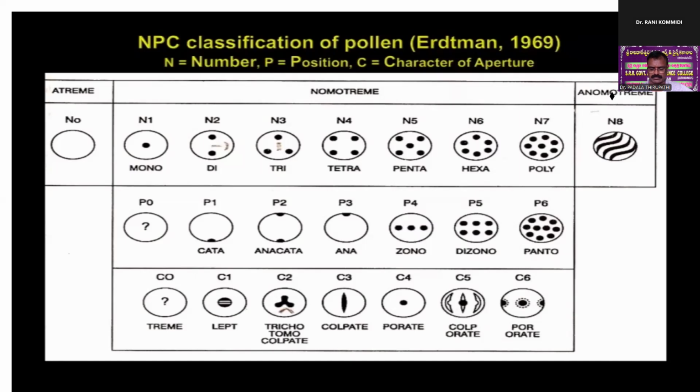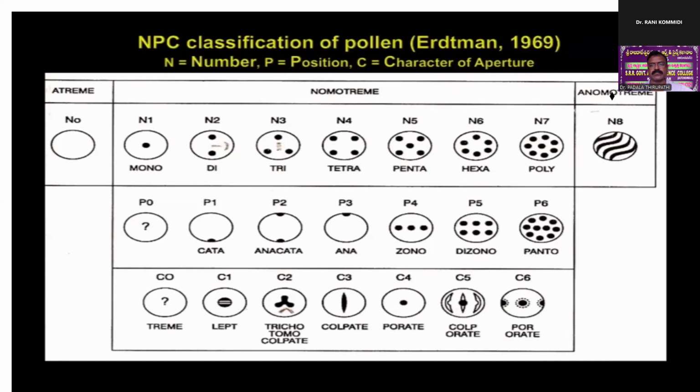The first digit denotes the number of apertures. For example, 100 is assigned to monotreme, 200 to ditreme, 300 for tritreme, 400 for tetratreme, 500 for pentatreme, 600 for hexatreme, 700 for polytreme, 800 for anatreme, and 900 for atreme.